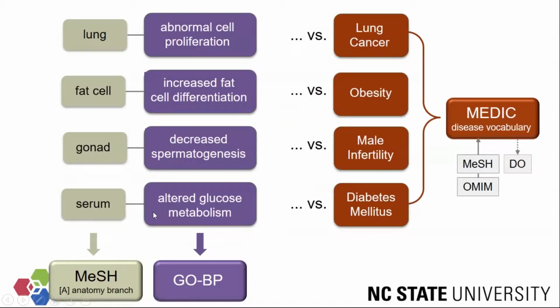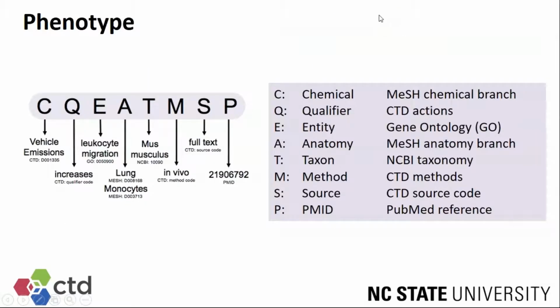What we ended up doing, which is not necessarily ideal, but worked for us because of the ontologies and vocabularies we were already working with, was to use the Gene Ontology. Examples of a phenotype versus a full-fledged disease are here. Abnormal cell proliferation in the lung could be associated with lung cancer. I'm just trying to explain that difference.